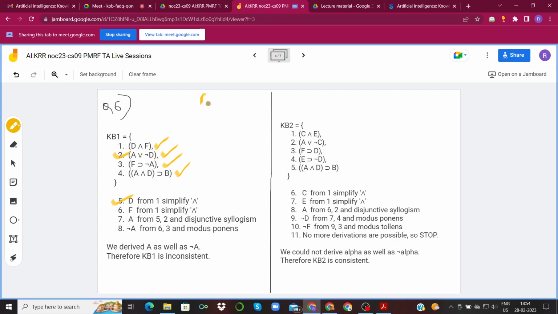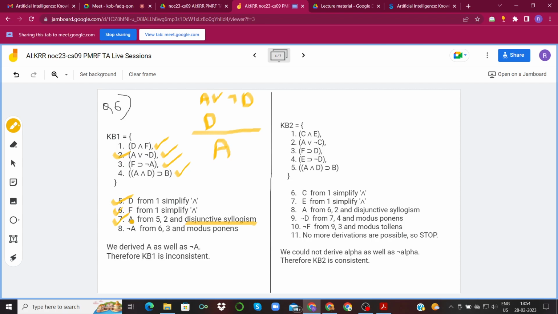So basically we have A or not D and we have D. Using these two we can write A, using disjunctive syllogism. So using these two we arrive at A.